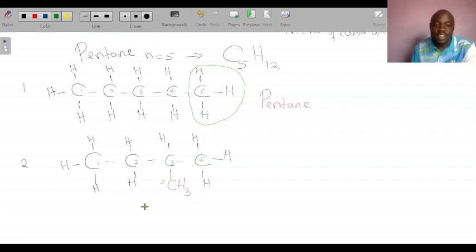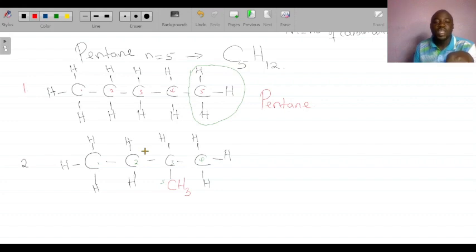So it satisfies that it has the same molecular formula. However, the structure is different, and that is where we refer to isomers. So these two are what we call isomers. They have the same number of carbon atoms, the same number of hydrogen atoms, but they only differ in terms of the structure.